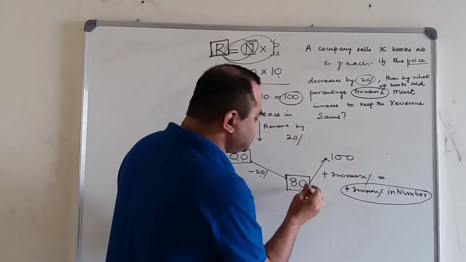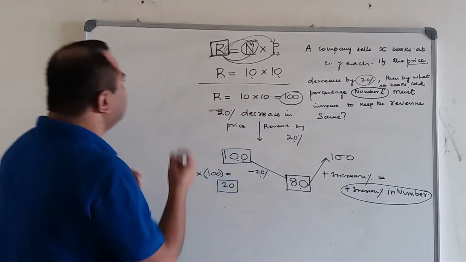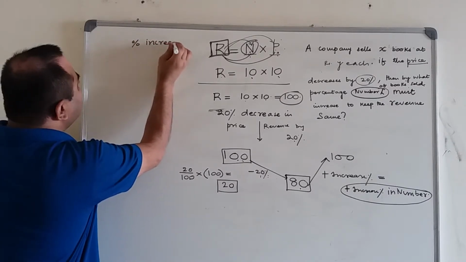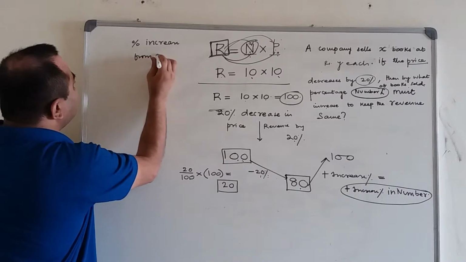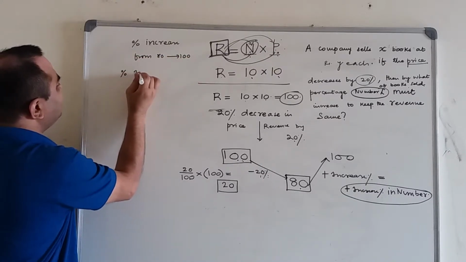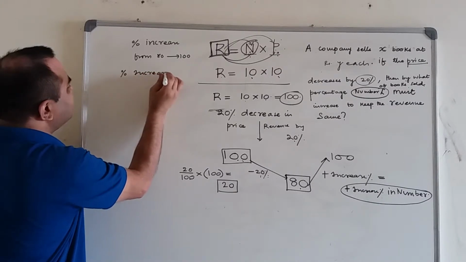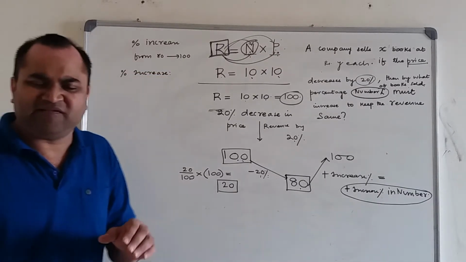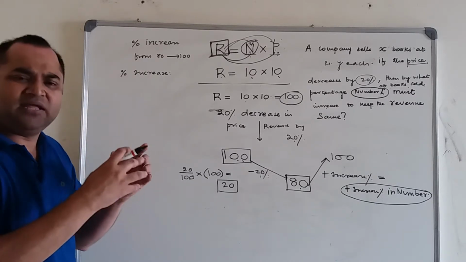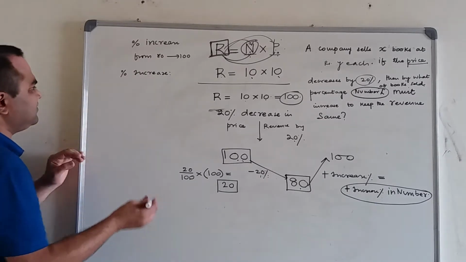So, now revenue has to increase from 80 to 100. Find out what percentage increase will be there from 80 to 100. If you have watched our videos on finding percentage increase and percentage decrease, then you will be able to better appreciate this solution, or I will briefly summarize it.